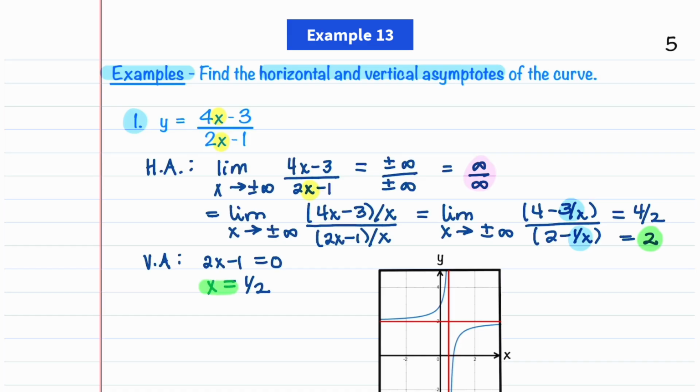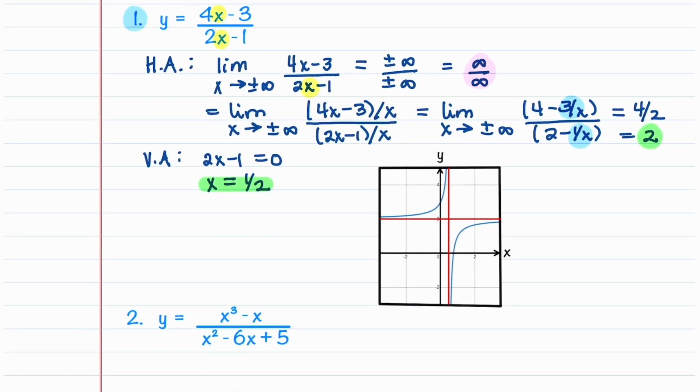And that is our vertical asymptote. I've graphed this function so that you can see that the horizontal asymptote is indeed y equals 2, and the vertical asymptote is given by x equals 1/2.